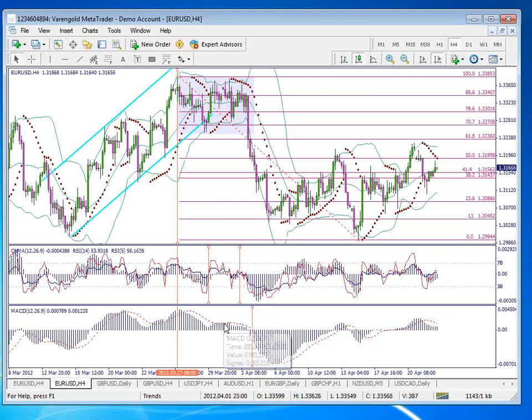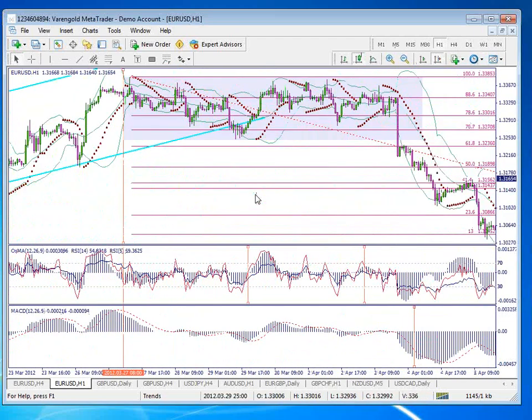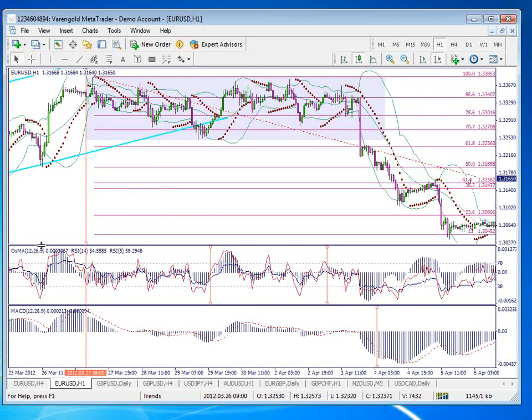I will make the signals on 1 hour in a different color to see how many trades we can do in that period. So the red one is the signal that we have on the 4-hour chart.